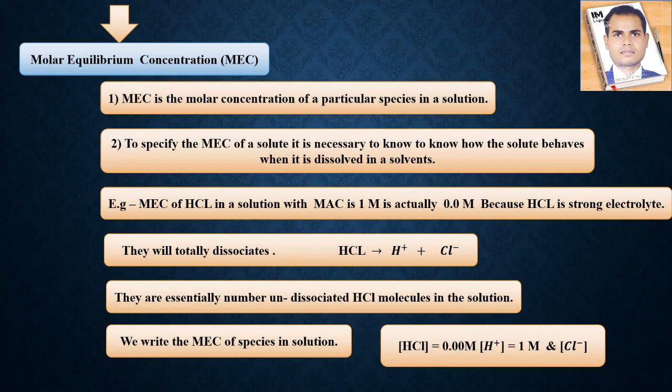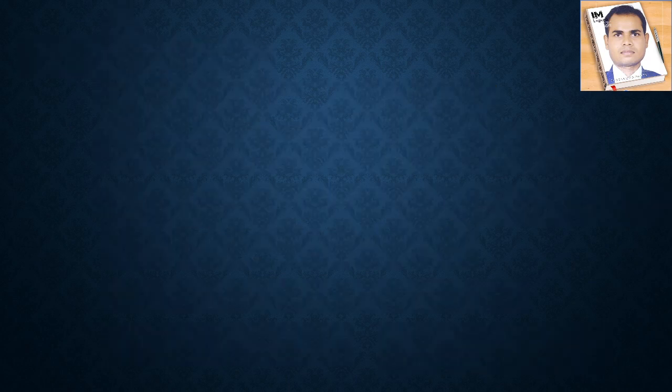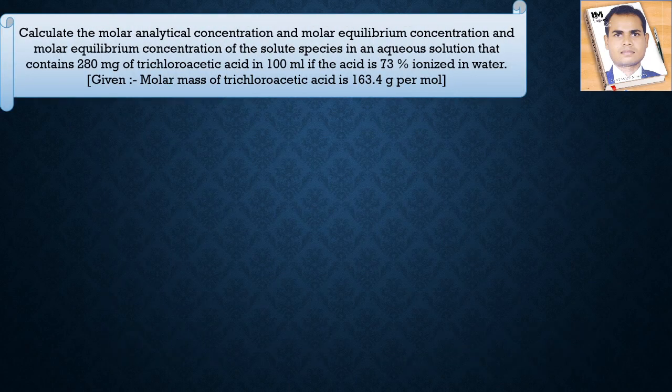And after that we can write the molar equilibrium concentration of species in a solution. So you will get the concentration of HCl equals 0.00 molar, and the concentration of H plus ions will be 1 molar, okay, and the concentration of Cl minus will be the same. So in this way we have to calculate the molar equilibrium concentration of a specific species, okay.